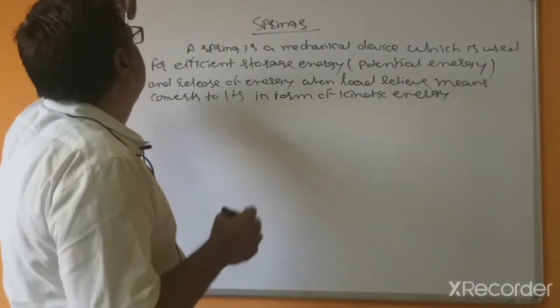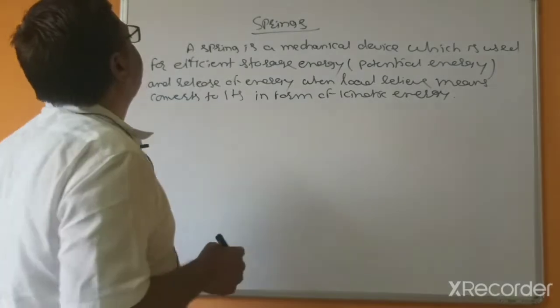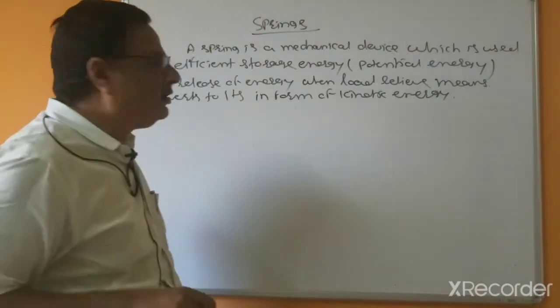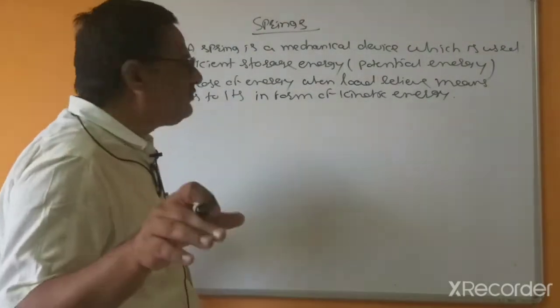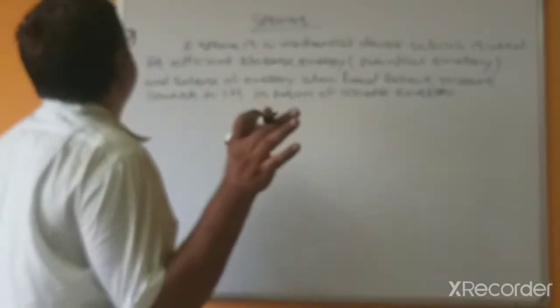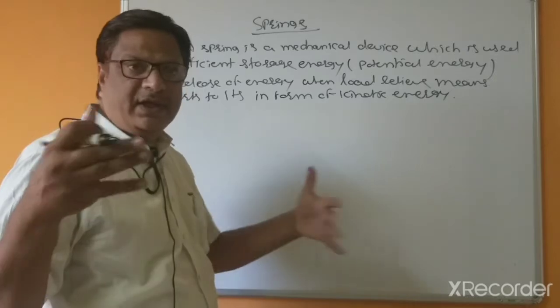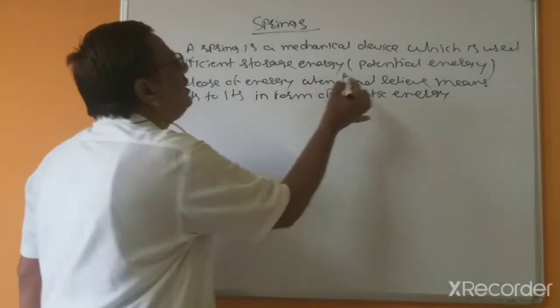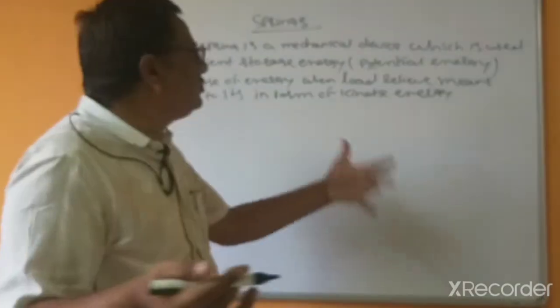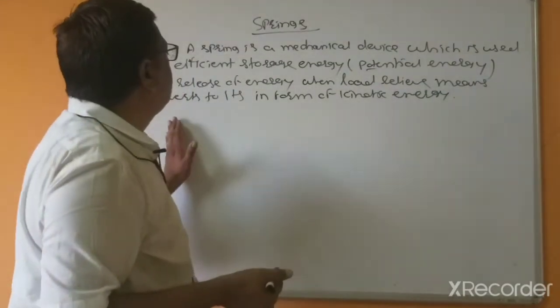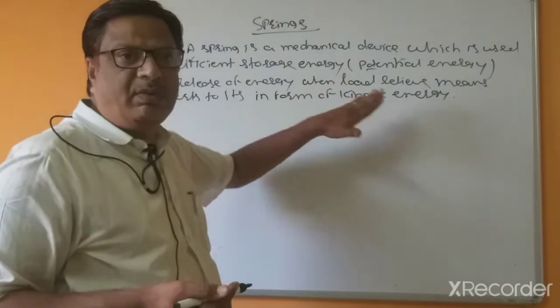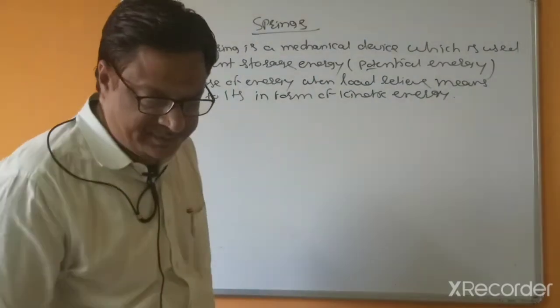So this is the spring. What functions does it perform? A spring is a mechanical device used for efficient storage of energy, that is, kinetic energy is stored in the form of potential energy, and energy is released when the load is relieved. At that time the energy is released and converted again into the form of kinetic energy.